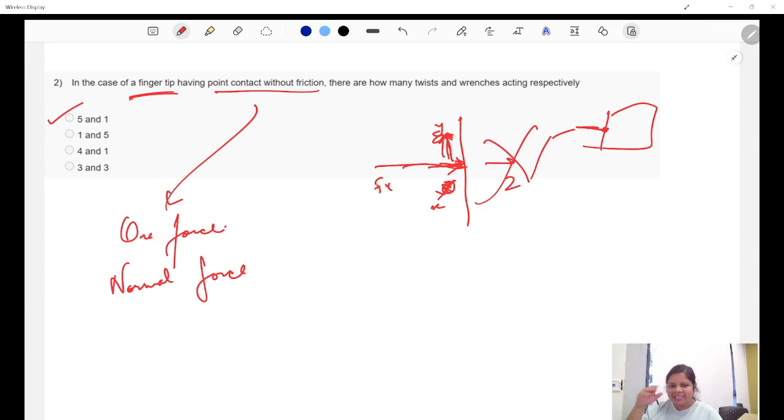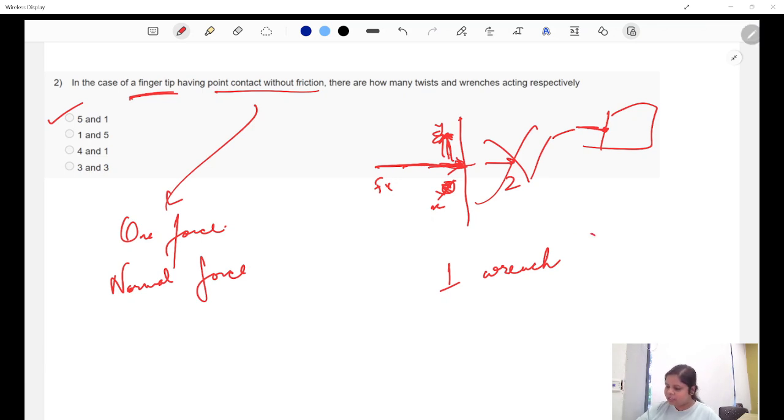Okay, that can be transmitted, which means only one wrench is possible. No twist is possible along that direction because you cannot move there. But you can have the force acting in that direction. So no torque, moment, or tangential forces can be applied due to lack of friction.